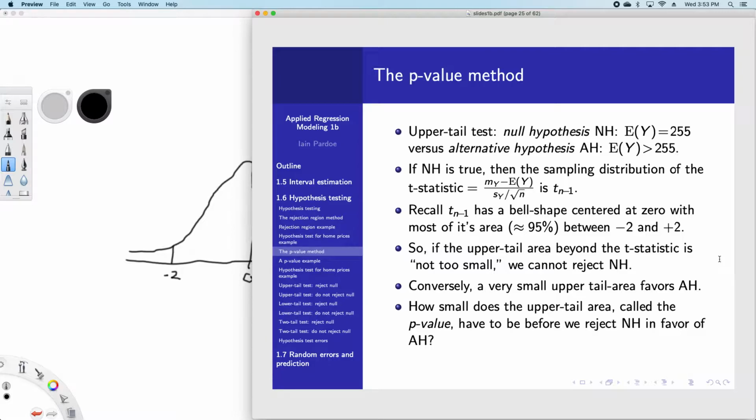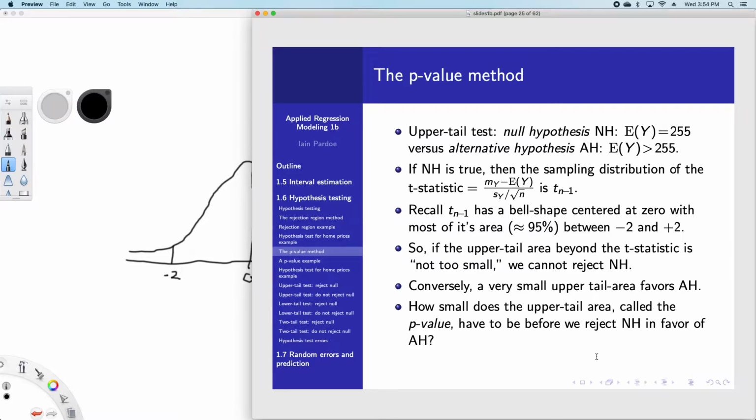Whereas, on the other hand, if our test statistic is far out in the upper tail, then the tail area beyond it will be very small, and that will favor the alternative hypothesis. We'll end up rejecting the null hypothesis in that case.